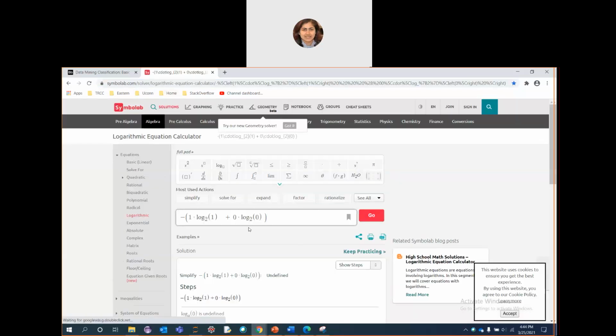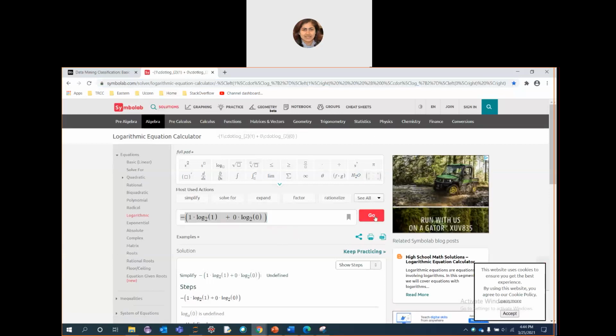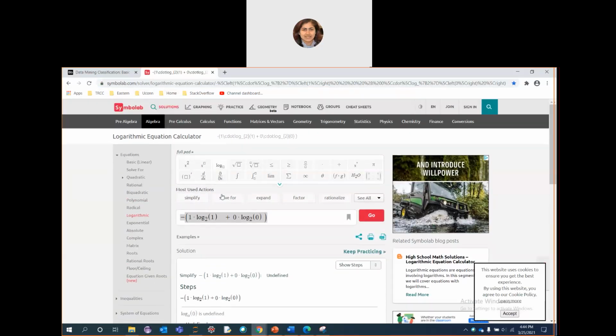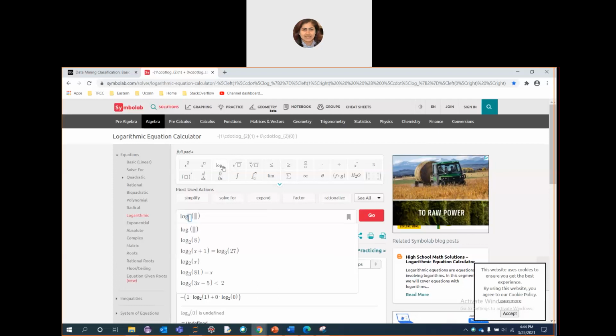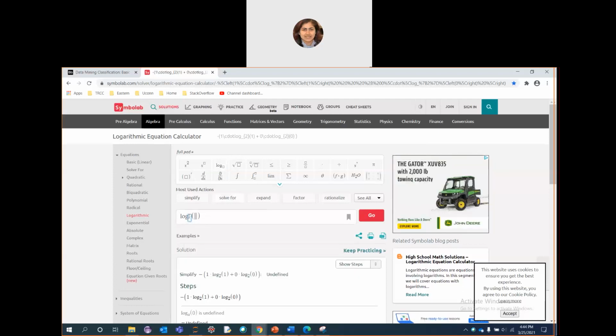This one, see, you can write an equation like this, and when you click go, it will give you the solution. Here also log, suppose log, you can specify the base, something like 4, or let's say 1 by 4.